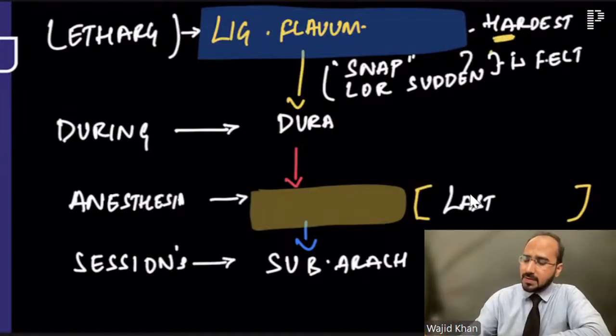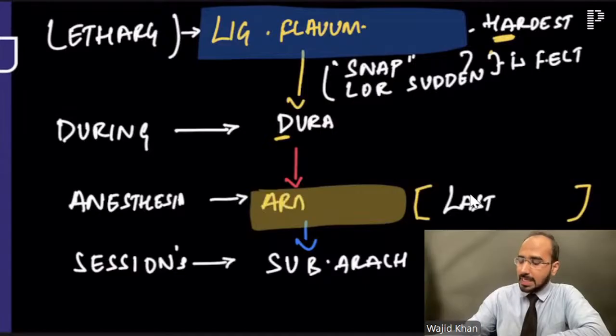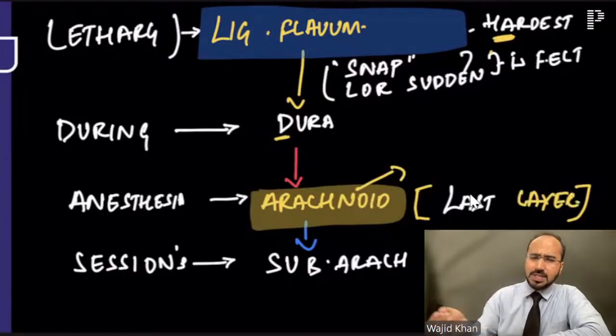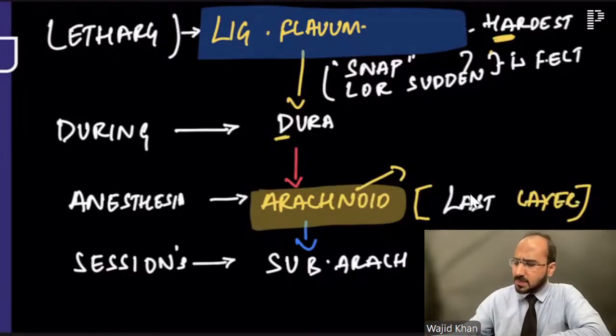But you're not stopping here. After piercing ligamentum flavum, I told you lethargy during. During means dura. After you puncture the dura, next is the arachnoid. The last layer to be punctured in spinal anesthesia is the arachnoid. Once you puncture the arachnoid, you will be in the subarachnoid space, which will have CSF.